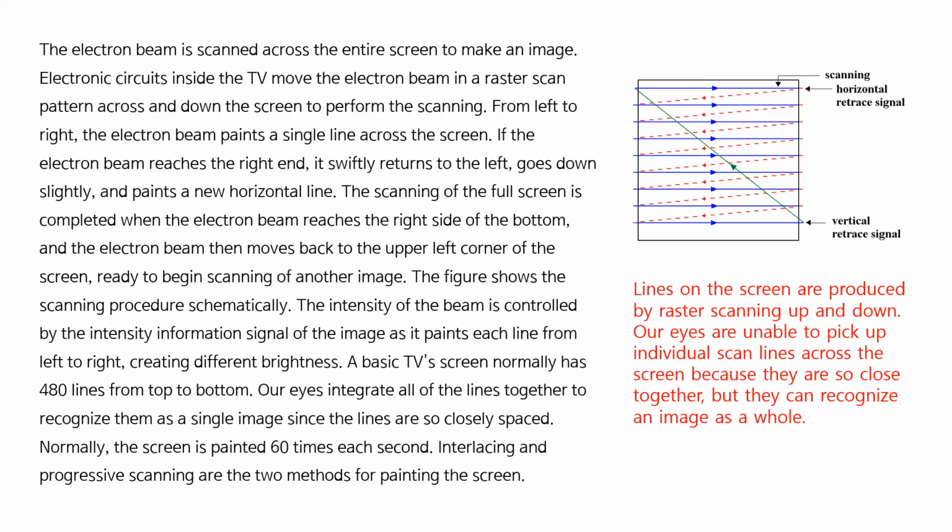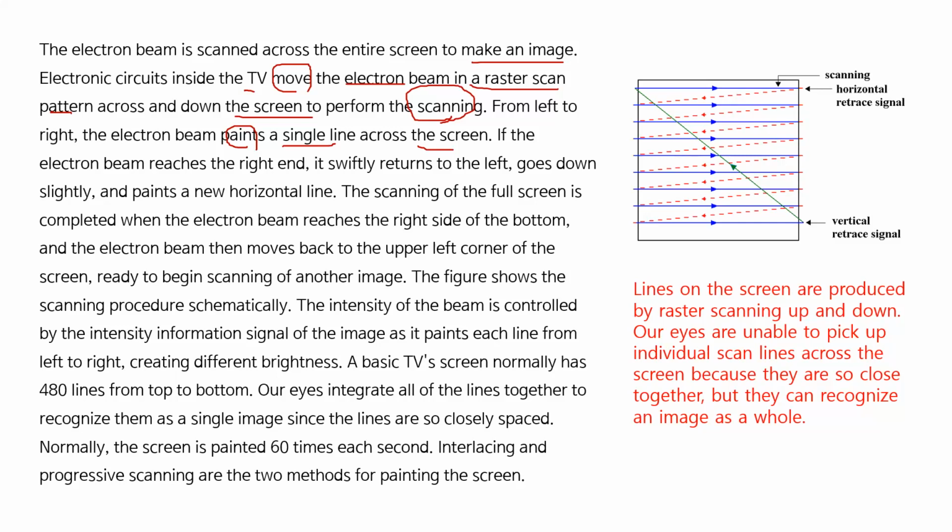The electron beam is scanned across the entire screen to make an image. Electronic circuits inside the TV move the electron beam in the raster scan pattern across and down the screen to perform the scanning. From left to right, the electron beam paints a single line across the screen.